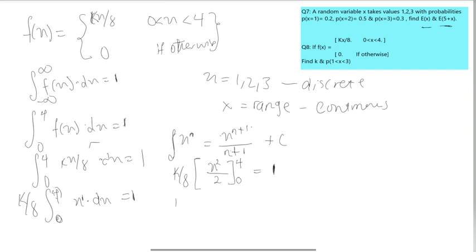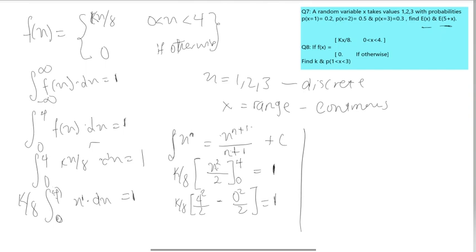Alright, so k over 8 is still outside. We put 4 as our x and 0 as our x. Putting 4 as x, we have 4 squared over 2, minus, putting 0 as x, 0 squared over 2, and this is still equal to 1.